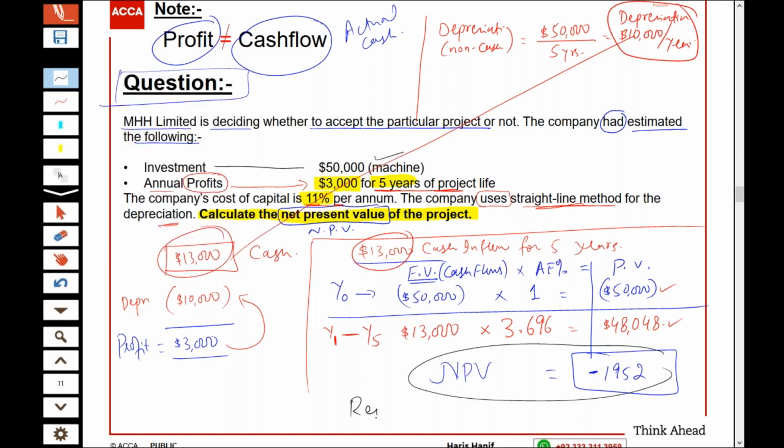You can simply reject this project because it is giving you a minus figure in present terms.